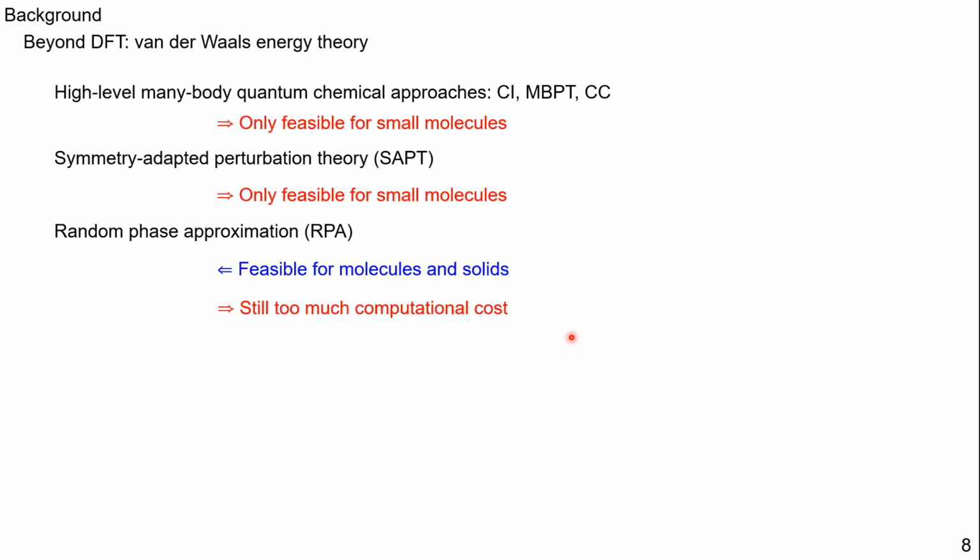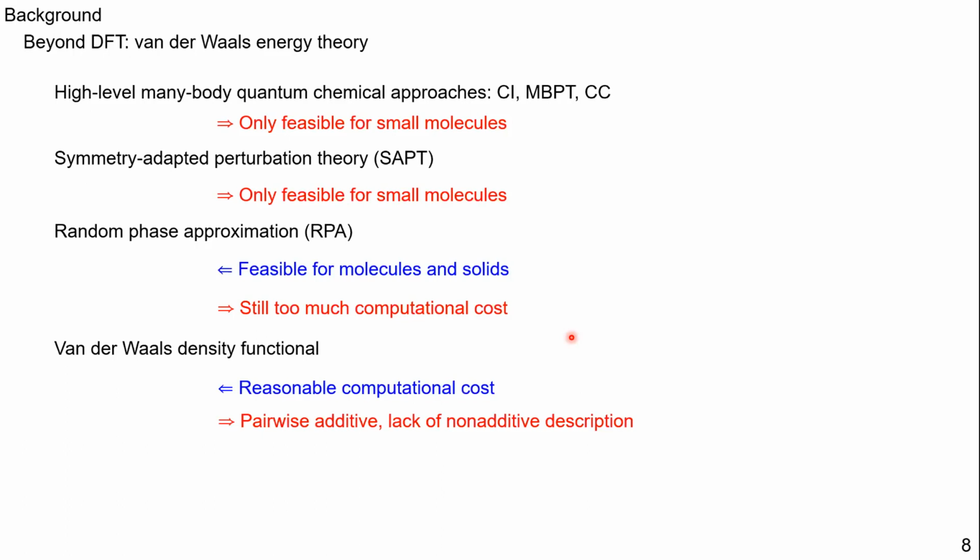And for some periodic systems like solids, these days the random phase approximation is available in some plane wave-based codes like VASP. This random phase approximation, RPA, enables us to calculate the ACFDT correlation energy, which is the fully interacting many-body correlation energy based on DFT.